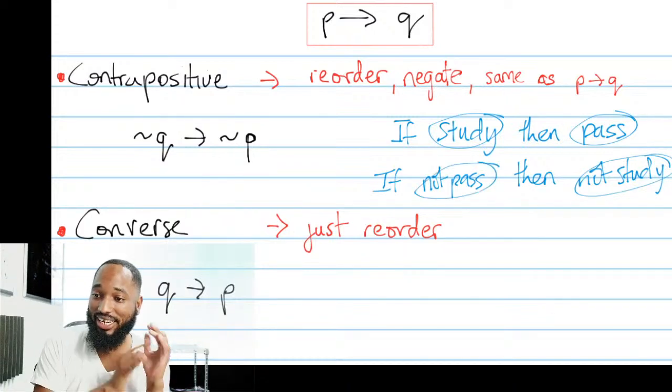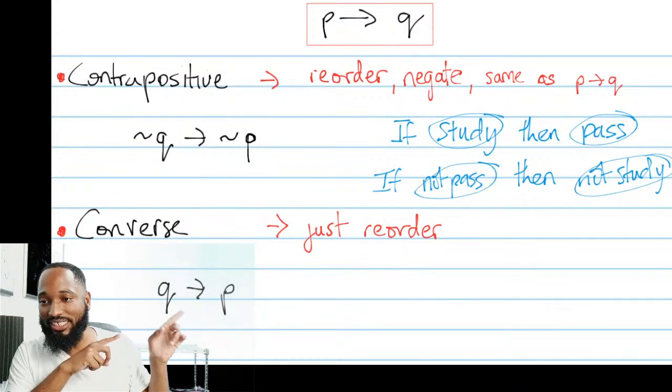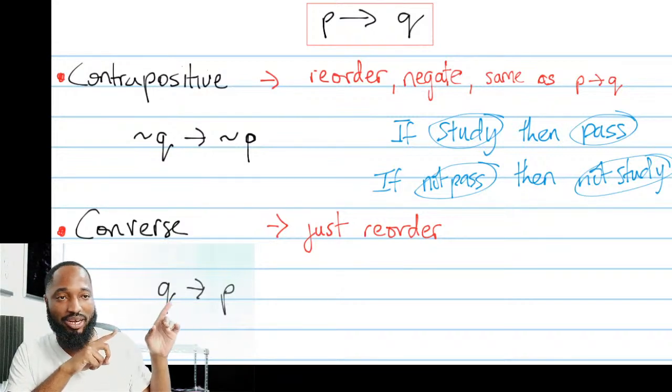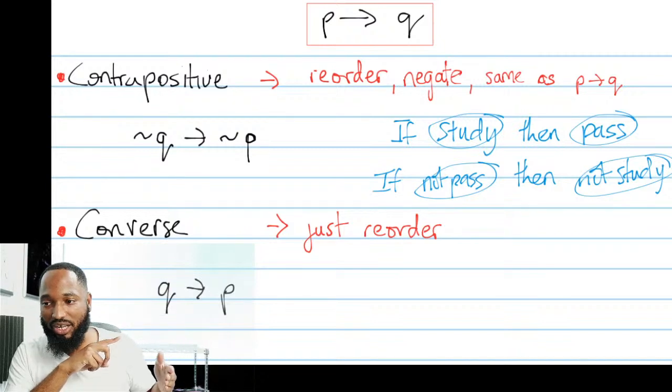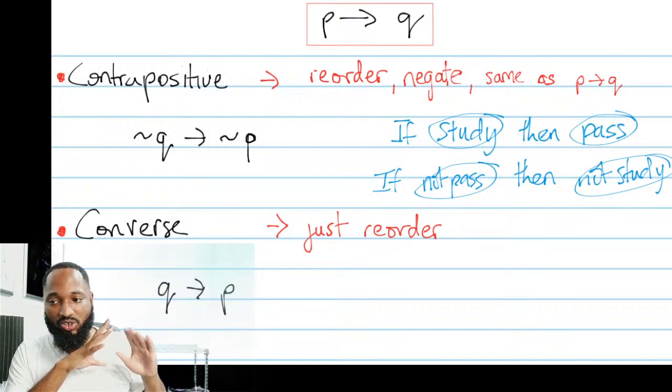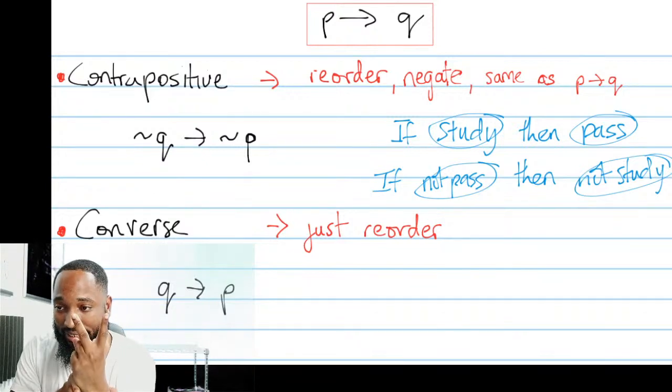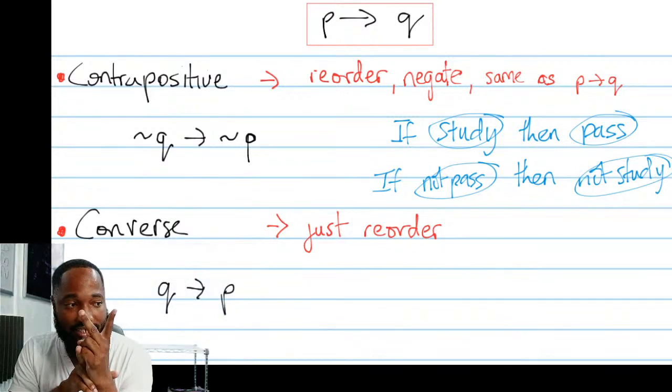So I switched it and negated it, and both of those statements mean the same thing and will give the same result on the truth table. Contrapositive is the only one where you're doing two things, reordering and negating.